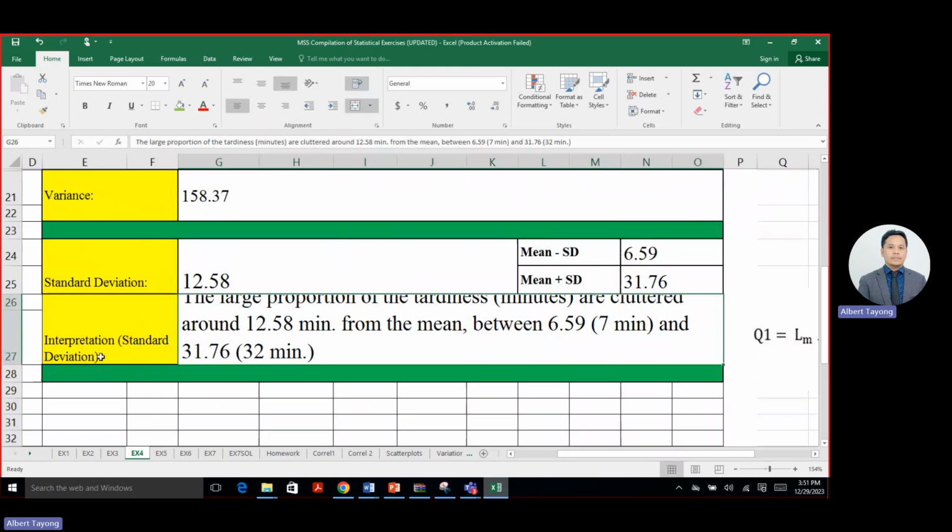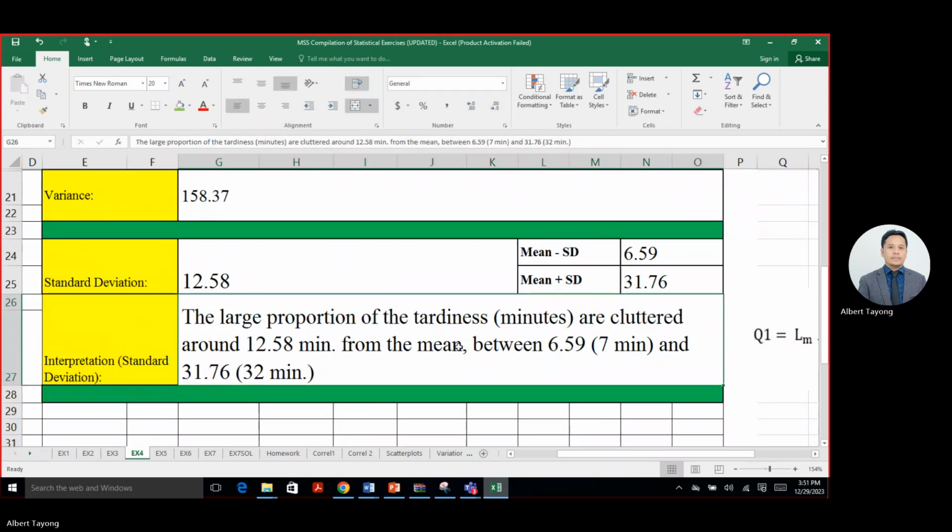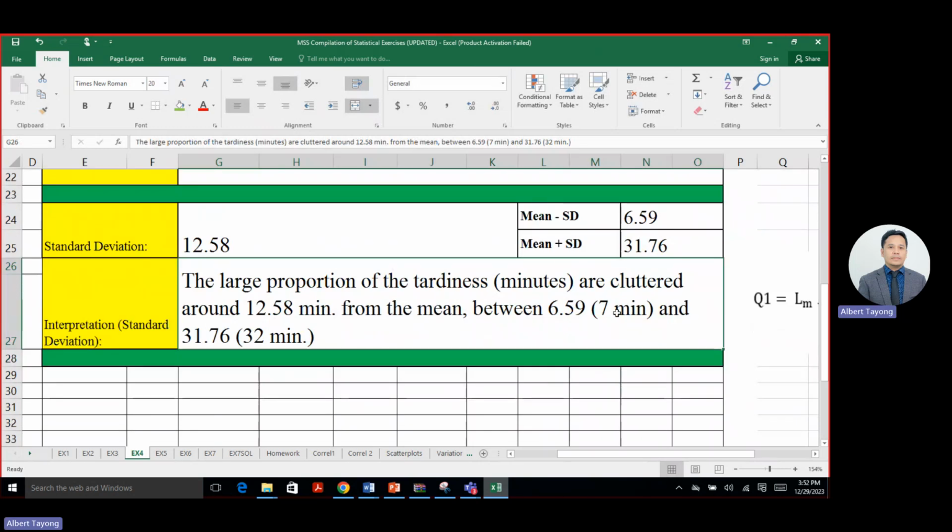So this would mean that most of the employees are late between 7 minutes and 32 minutes.